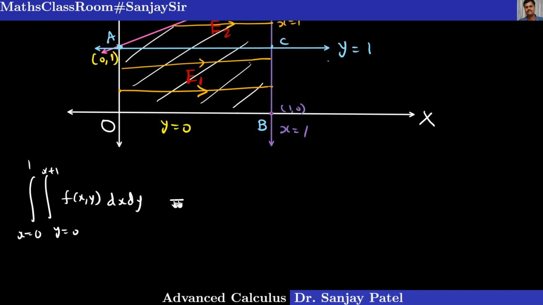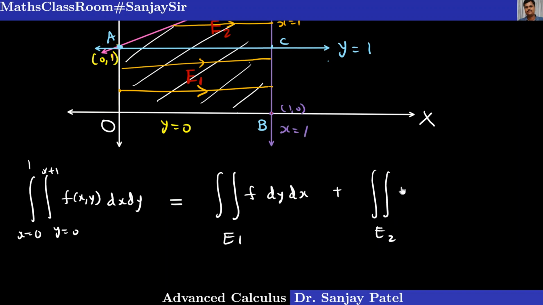Now this integral you can express as the sum of two double integrals: the double integral over the region E1, f dx dy, and the double integral over the region E2, f dx dy. So we are changing the order and we have to find the limits here for the region E1 and region E2.